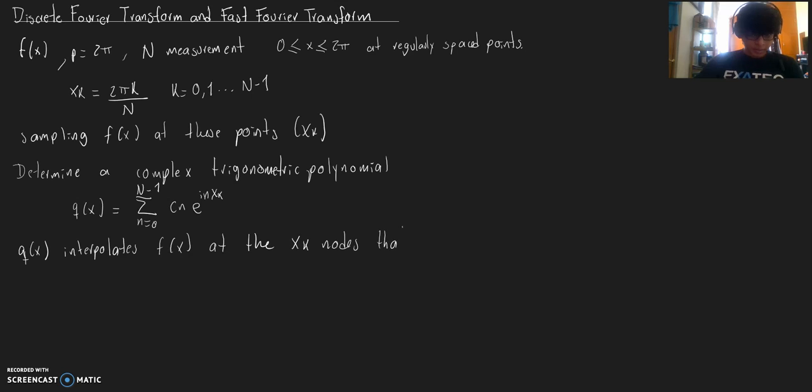That is, q of xk is equal to f of xk, that will be equal to fk. So what does this mean?